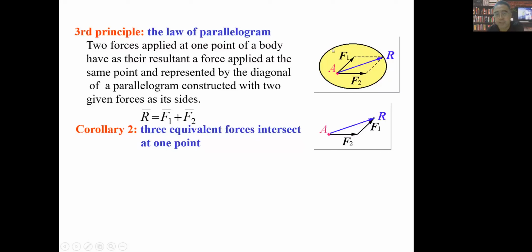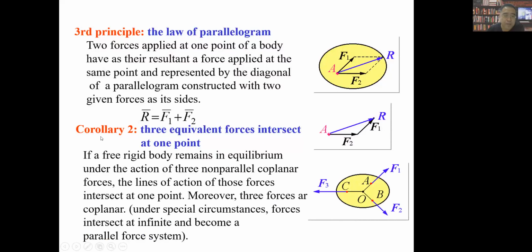So we can do this again and again. If all the forces have a common point of application, then no matter how many forces there are, we can simplify them into just one force, because they have the same effect on the same body. That's what the principle means. It's very useful because we use this principle to simplify a given force system, right?